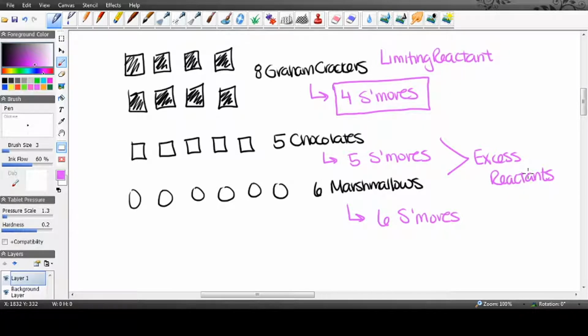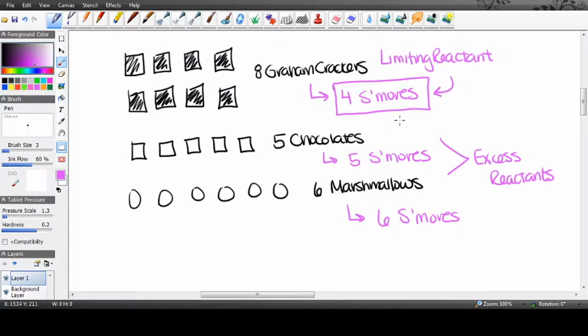Okay, so that was real easy for you to do and to understand in terms of eyeballing a number of ingredients for a very familiar recipe. In order to figure this out for a chemical reaction, we're going to have to do some calculations. But I'd like you to remember that the limiting reactant is the reactant that determines how much product you should be able to make.